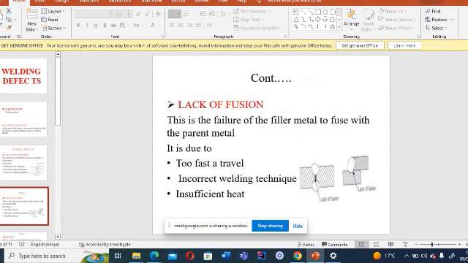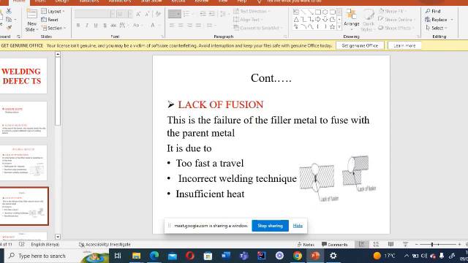The second welding defect is lack of fusion. When we talk about the lack of fusion, it is the failure of the filler metal to fuse with the parent metal. This is due to too fast travel of the welding. When you are welding too fast without any break, the filler metal will not fuse with the parent metal.